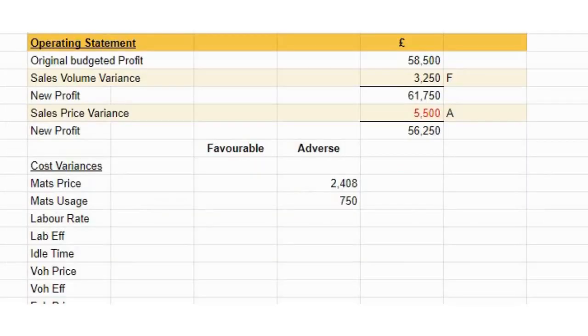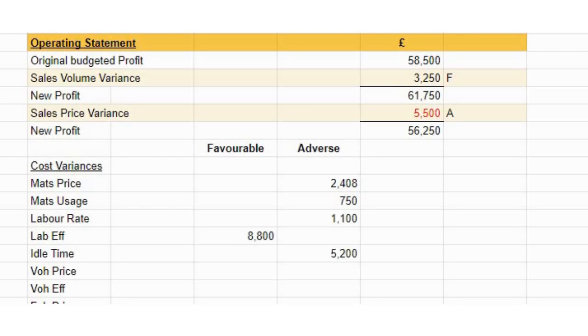So now that we've got the labour variances, or the labour sub-variances rather, let's continue to build the operating statement. All I'm going to do is type in the labour rate variance, which was adverse, the labour efficiency variance, which was favourable, and the idle time variance, which, because it's idle time, is always adverse.